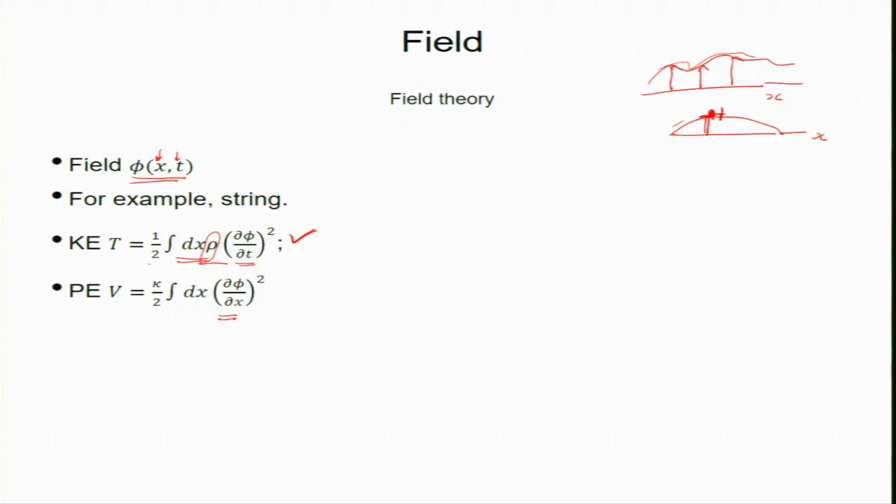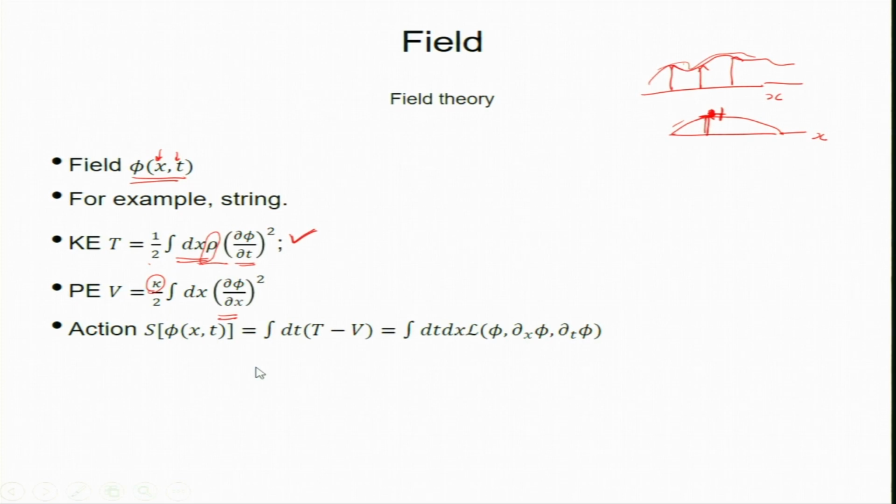So, it is d phi by dx. Okay. So, the derivation I will not do, but you can find it on the internet or in books. So, it is kappa by 2 times d phi by dx squared dx, where kappa is like a spring constant type thing. It is an elasticity coefficient.